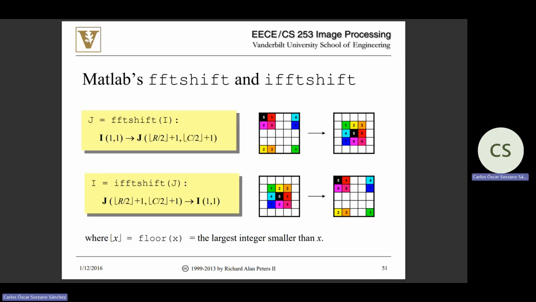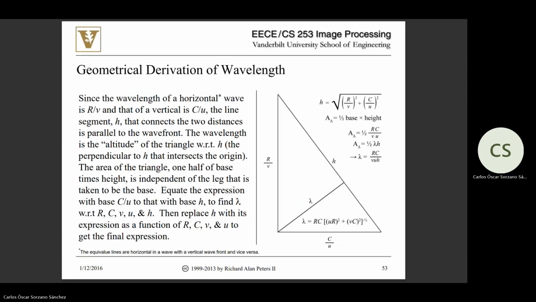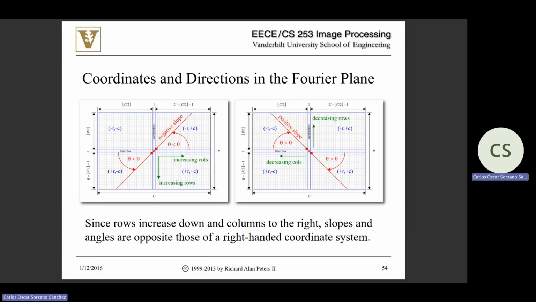And this is another representation, but now with numbers. Now let's put the origin in the middle of the image, and let's consider one coefficient. Let's consider this coefficient here.